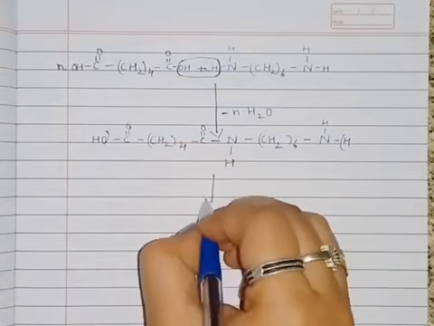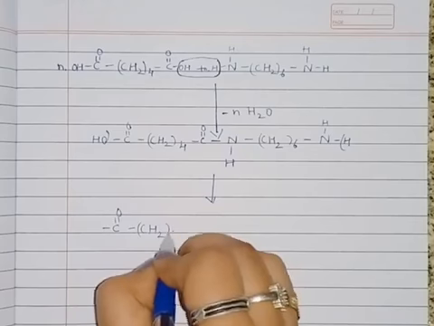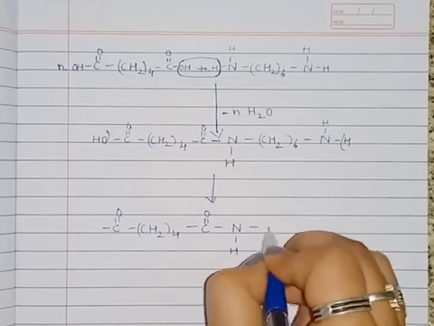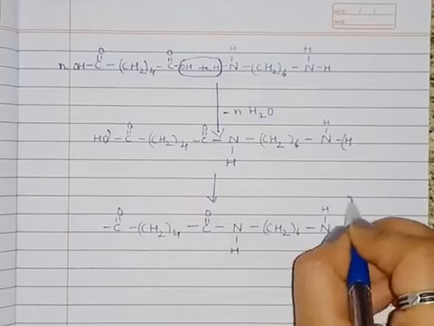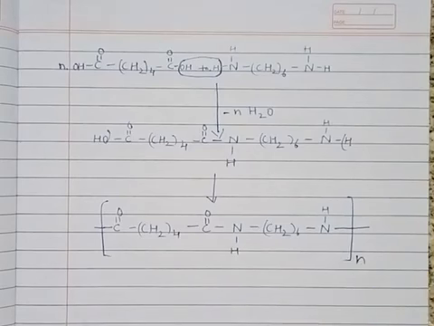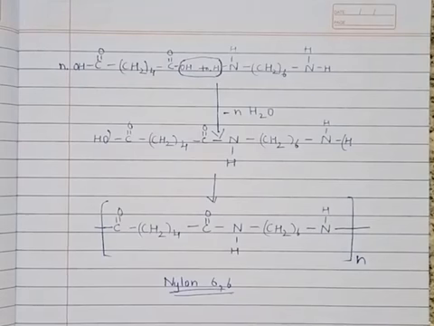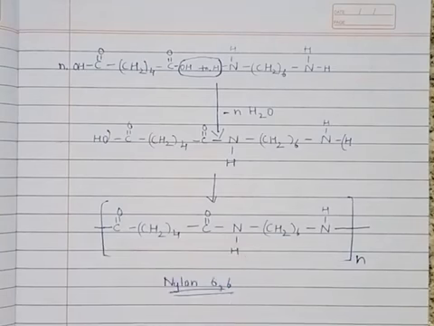So whatever is left out is C double bond O, CH2 4 times and C double bond O, NH, CH2 6 times NH, and we'll just extend this and write as N, because there are N number of molecules which contribute to form a polymer, right? So, and this is known as nylon-6, 6. This is the polymer structure. This one is the polymer structure of nylon-6, 6.